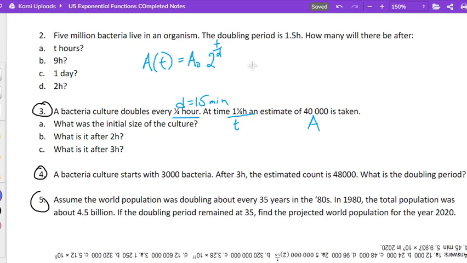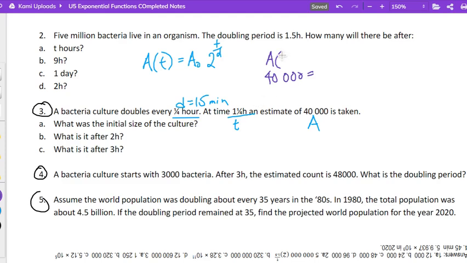Because so far, we've always talked about doubling time. Specifically for this question, 40,000 is the amount at 1 1/4 hour.